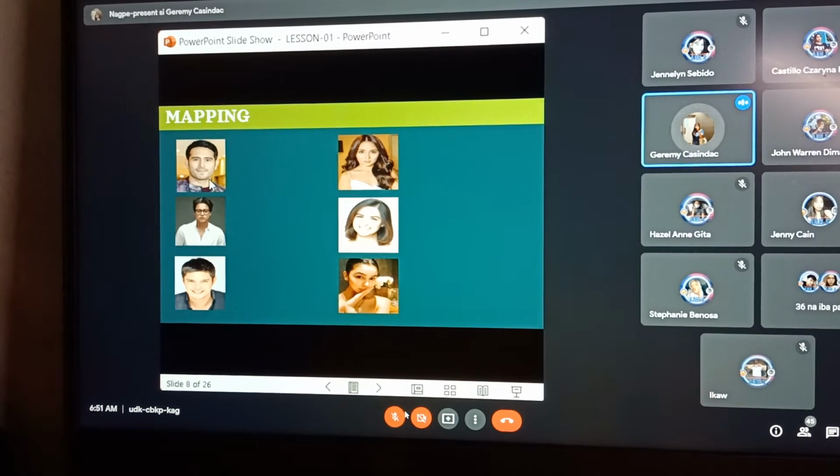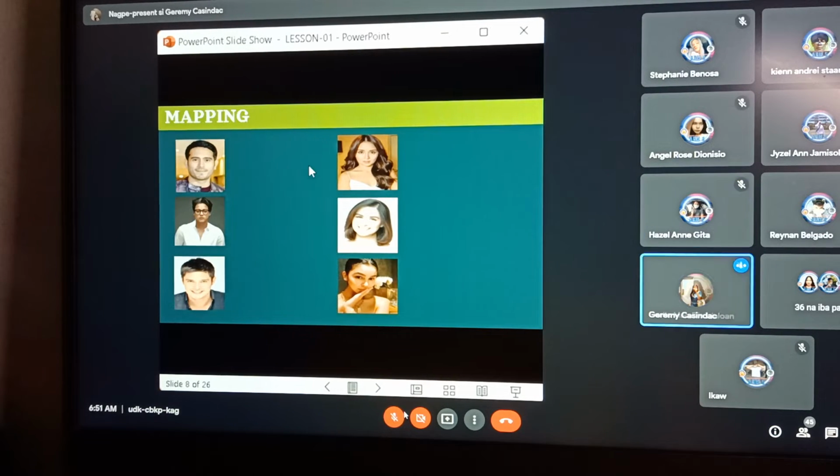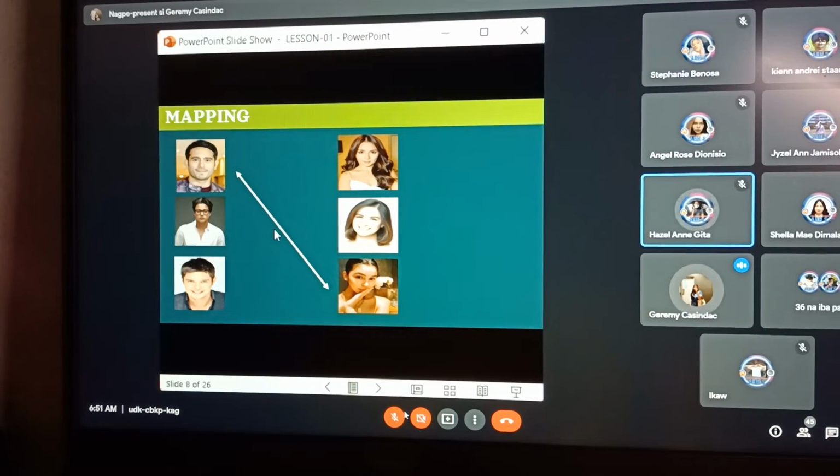We have the first one, Gerald Anderson. So, kanino dapat siya i-pair? Nila May. Julia Barreto po. Okay, that's correct. That is for Julia Barreto. How about Daniel Padilla?